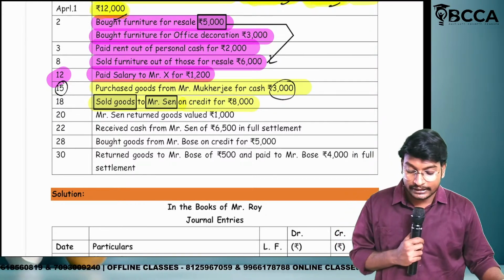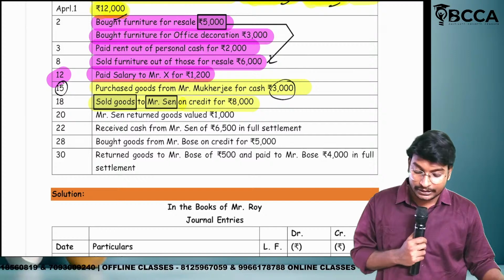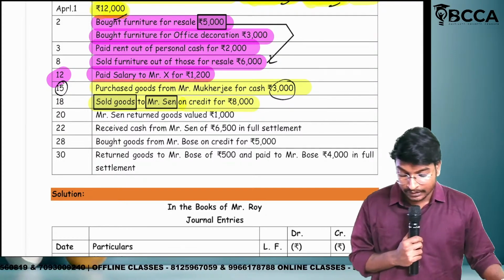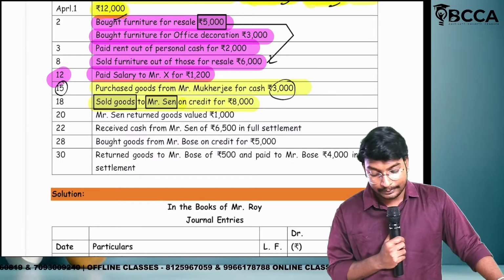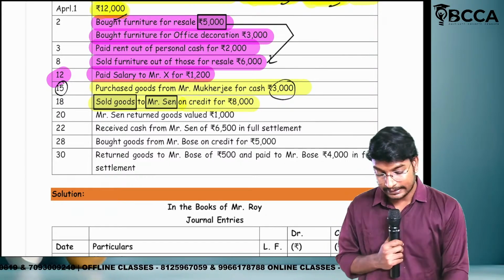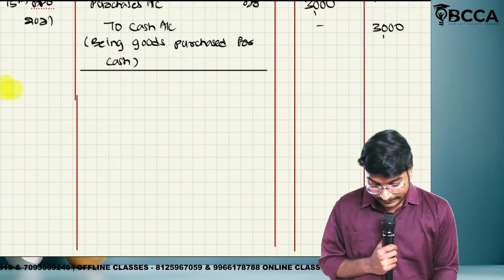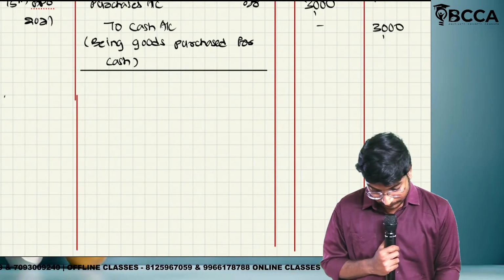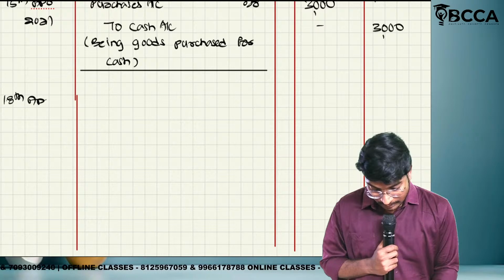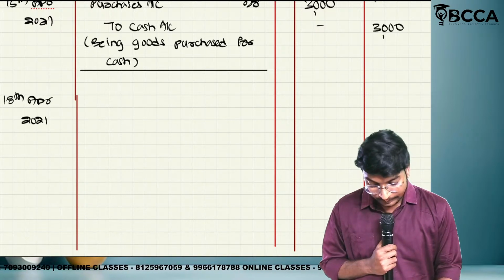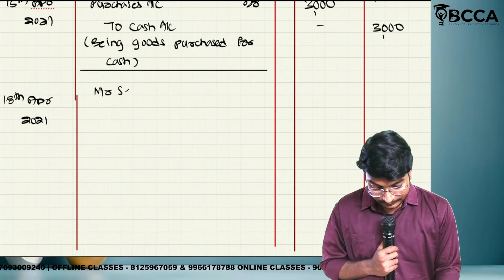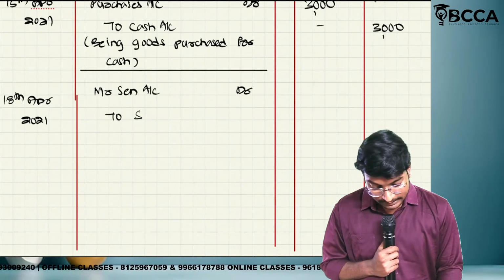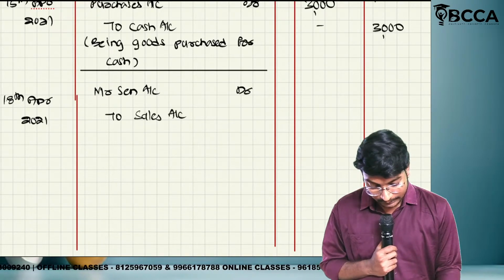So what is the entry we'll get, ma? Mr. Sen account debit to sales account. What is the date, ma? 18th April 2021, and the amount is 8,000. So 18th April 2021, Mr. Sen account debit to sales account.